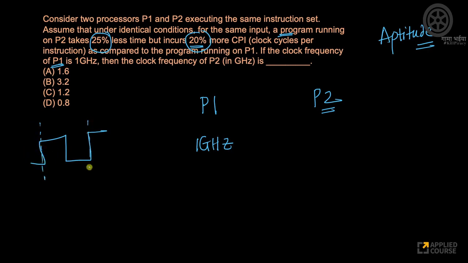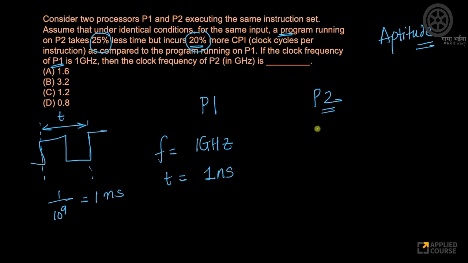It is doing 1 giga cycles per second. This is its frequency. So the time for one clock cycle is 1 by 1 gigahertz. What is 1 giga? 10 power 9. So 1 by 10 power 9 is 1 nanosecond. The time interval here is 1 nanosecond.